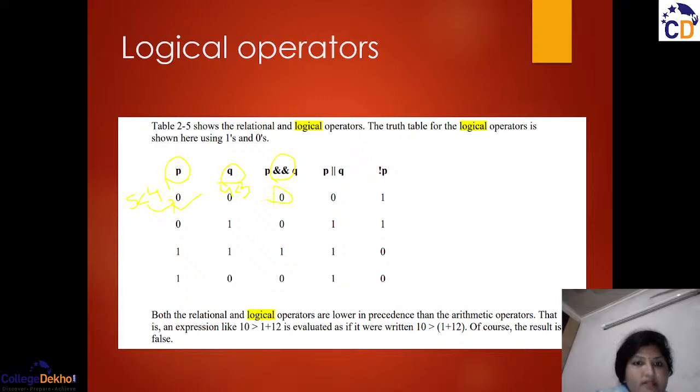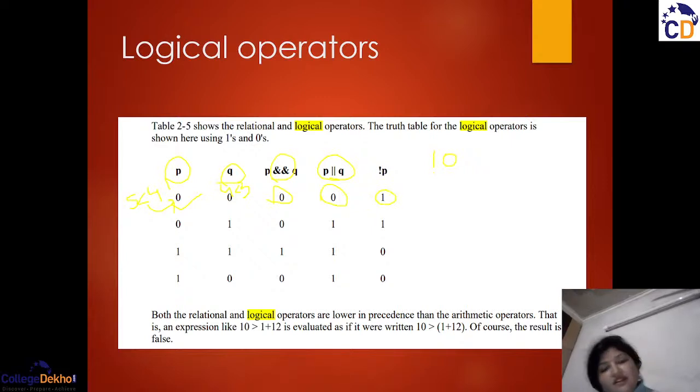Whereas with the OR operator, both conditions are false, so 0 0 here also gives 0. But with NOT, the negation of 0 is 1. So for the NOT part it is 1. This is how it is calculated. Let us go for the next condition. If we have some test expression, it would be treated as 0.